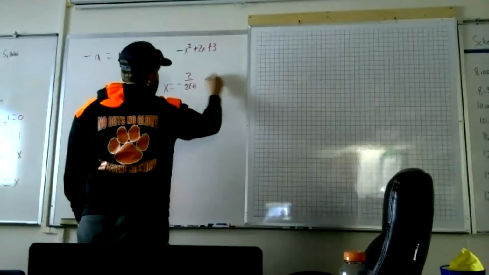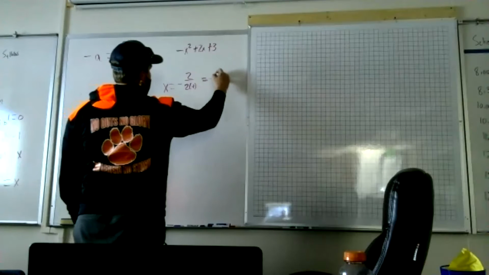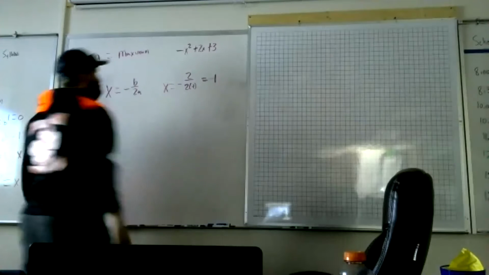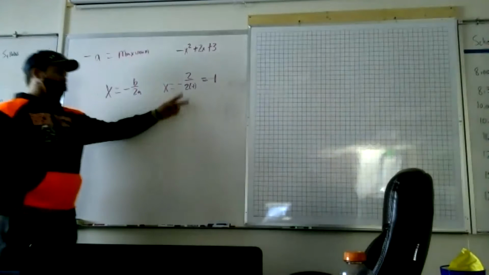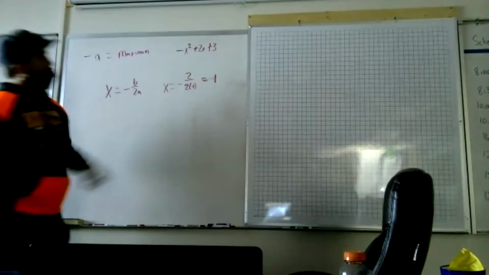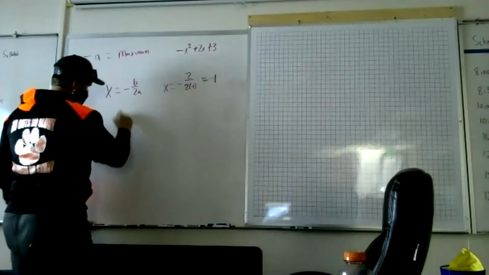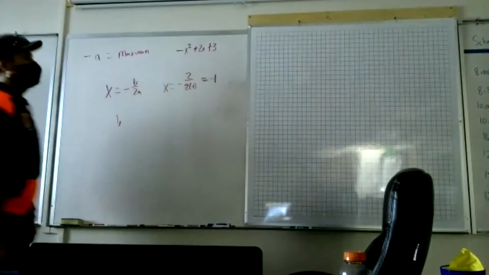That simplifies to a positive 1, because 2 times negative 1 is negative 2, and with the second negative, they cancel. So my x value of the vertex is 1. It's also the location of my axis of symmetry.